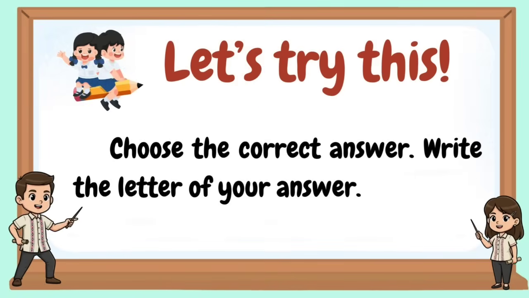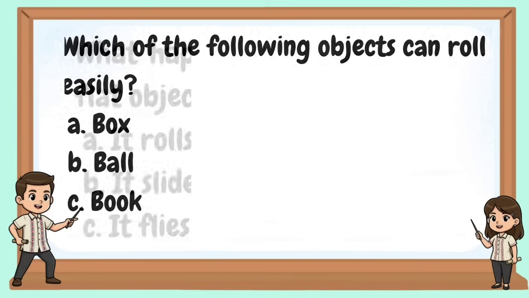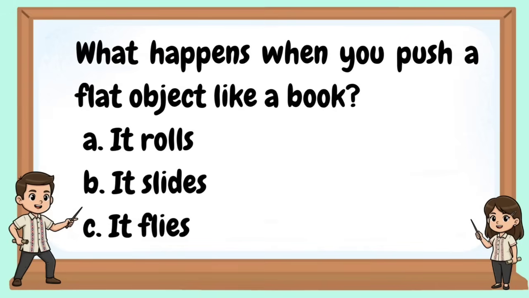Let's try this. Choose the correct answer. Write the letter of your answer. Which of the following objects can roll easily? What happens when you push a flat object like a book?